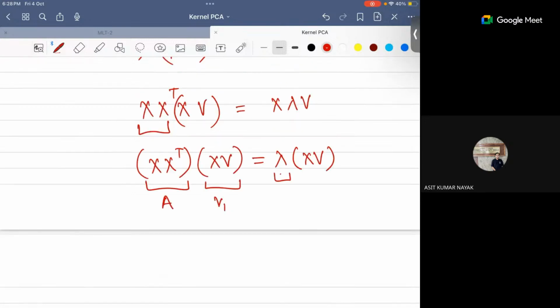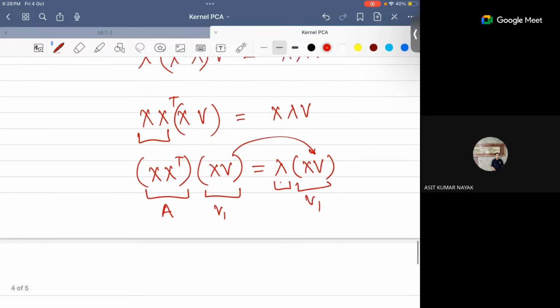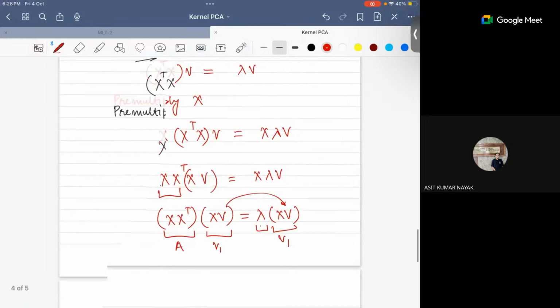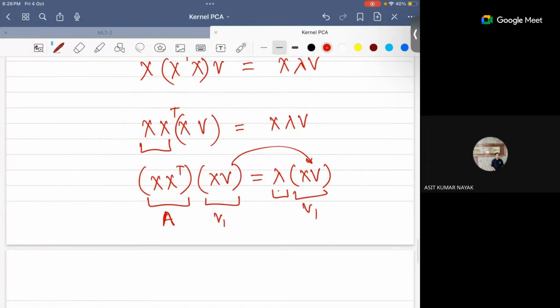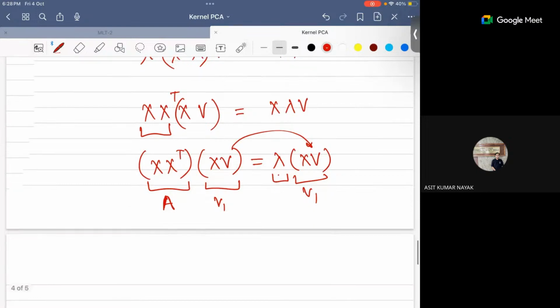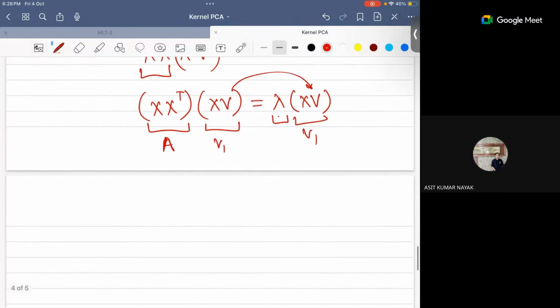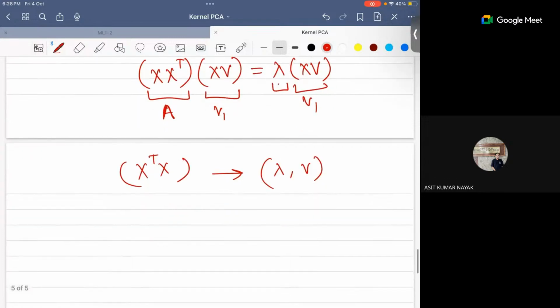Comparing with the eigenvalue equation, we do the operation X X transpose on Xv, and Xv just gets magnified by lambda. We started working on X transpose X with eigenpair lambda and v, but X X transpose has the same eigenvalue, and the eigenvector is X times v.